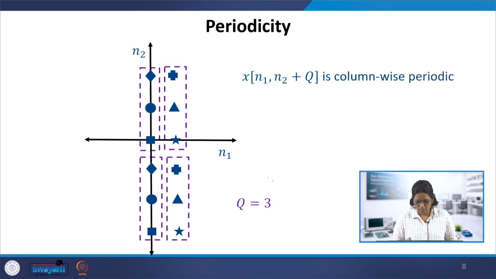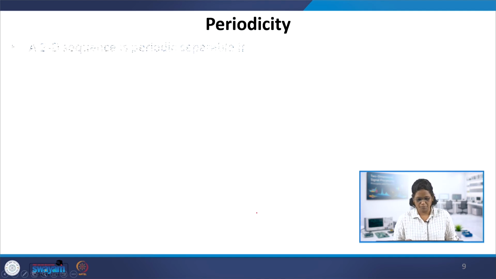So Q is here because 3 samples are repeating, the pattern of 3 gets repeated. So Q equal to 3. Now, if we combine these, Q equal to 3 and Q equal to 2, or P equal to 2 or P equal to 3, any of these P and Q combinations can be combined.